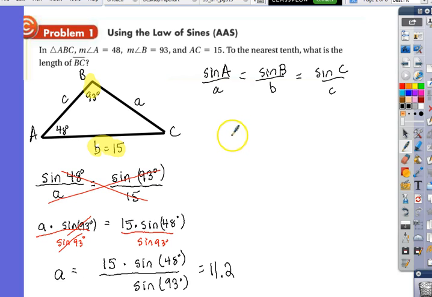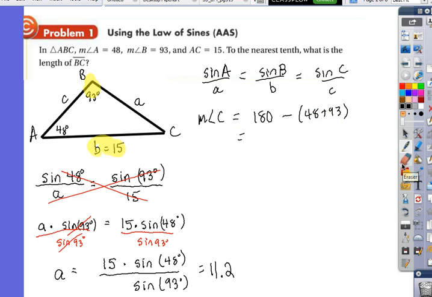All right, so by the way, that's the answer to the question. I can also find angle C and little c. How do I find angle C? All right, the measure of angle C is going to equal 180 minus 48 plus 93.